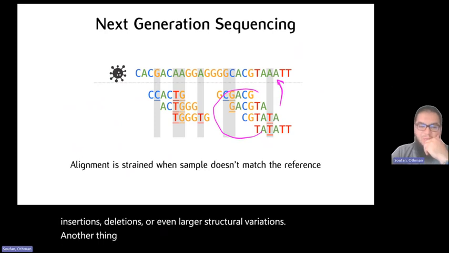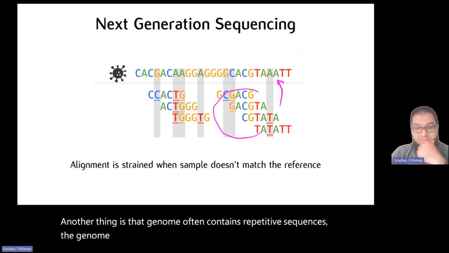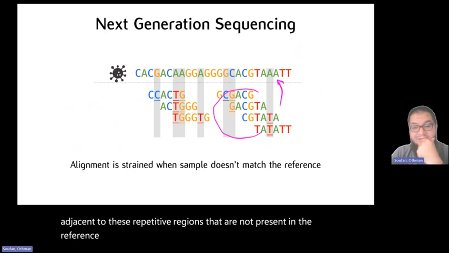Another thing is that the genome often contains repetitive sequences. So if the sample has variations within or adjacent to these repetitive regions that are not present in the reference, it can further complicate alignment.